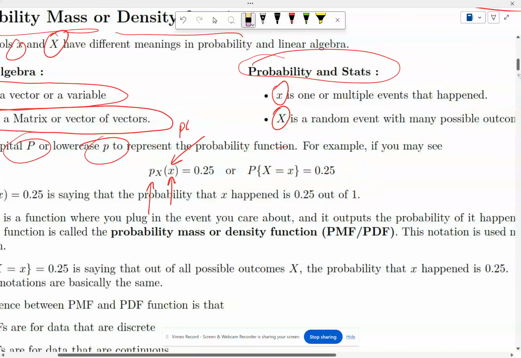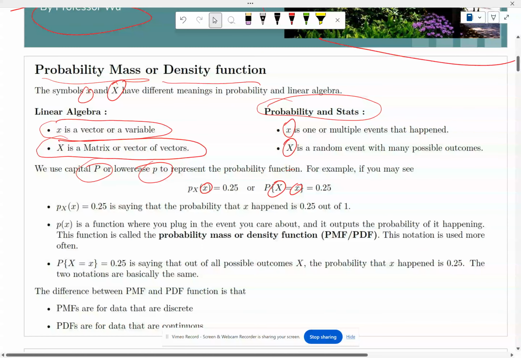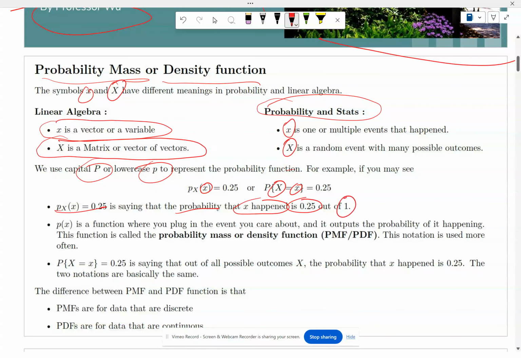So the notations are different. Now, P of x here is saying that the probability that x happened is 0.25 out of 1. P of x is a function where you plug in the event, and it spits out the probability of it happening.